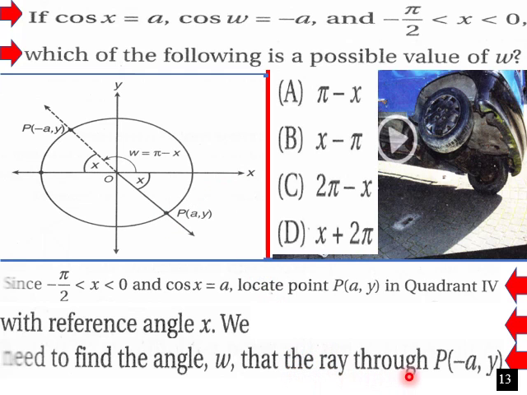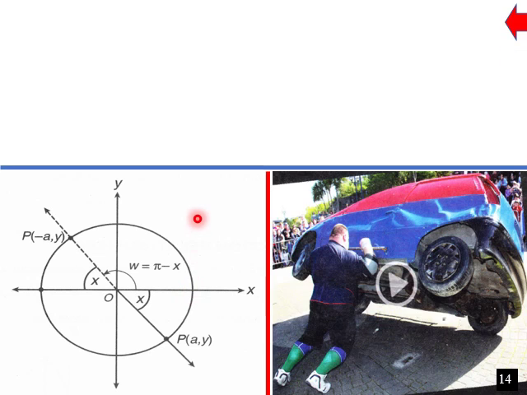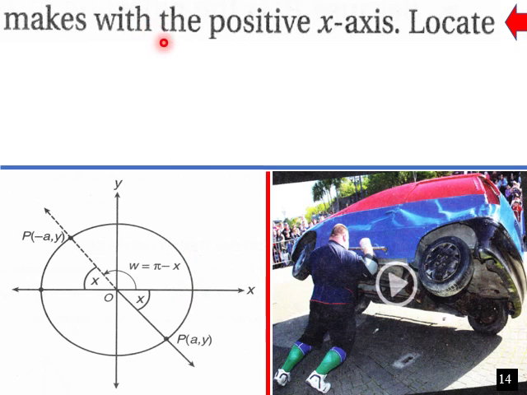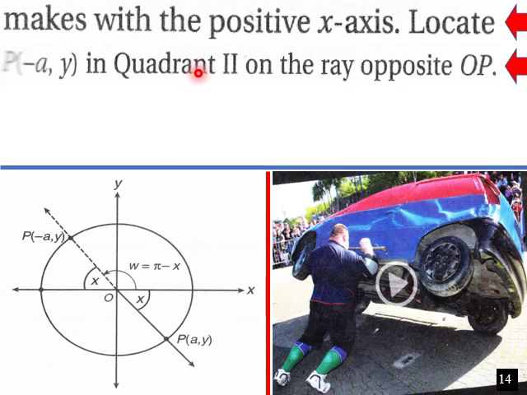That the ray through point negative AY. So negative AY is here. So go through here and it goes like this. Makes a positive x-axis. So locate point negative AY. Negative AY is over here.